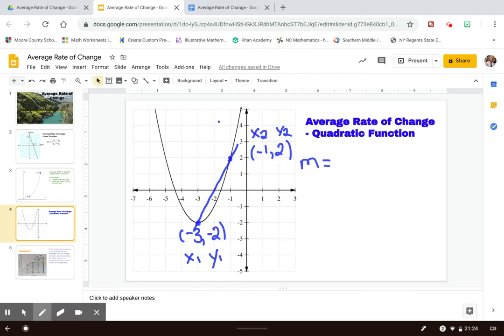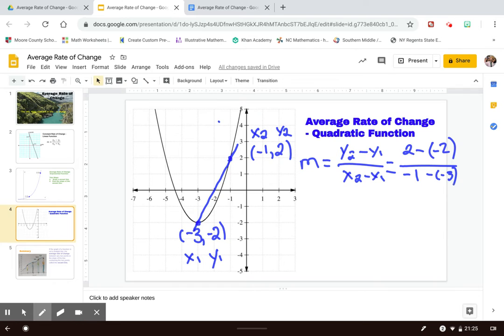which is right there. So that's m equals y2 minus y1 divided by x2 minus x1. y2 is 2 minus y1, which is negative 2, and all that is divided by x2, which is negative 1, minus the negative 3.